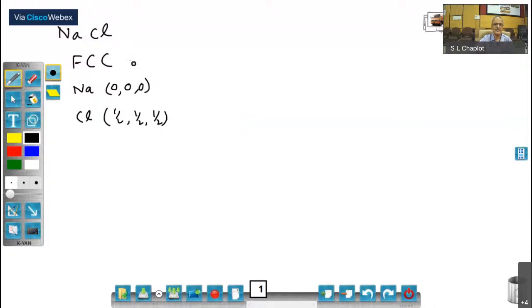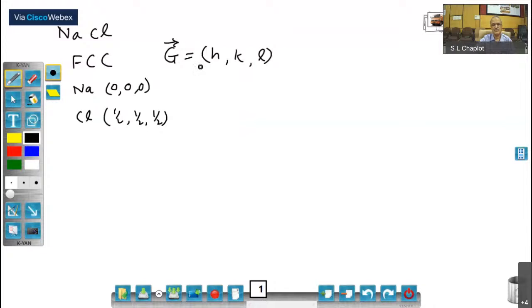Once it is a face-centered cubic, we know that the allowed G values are only those in which the sum of any two of them has to be an even number, because an FCC lattice has a reciprocal lattice which is a body-centered cubic.